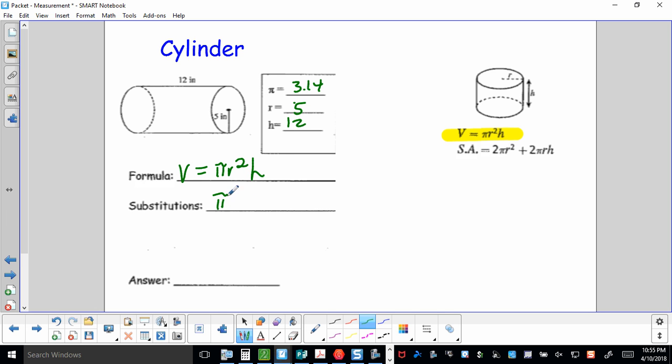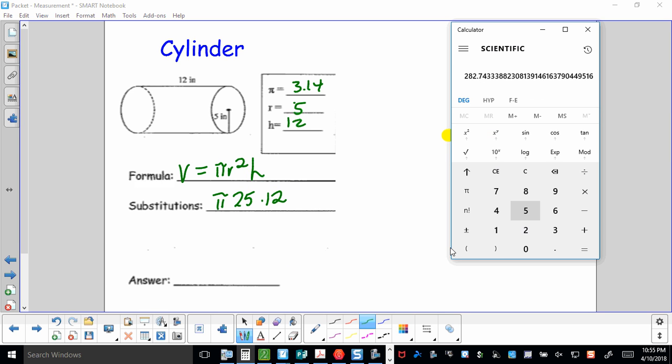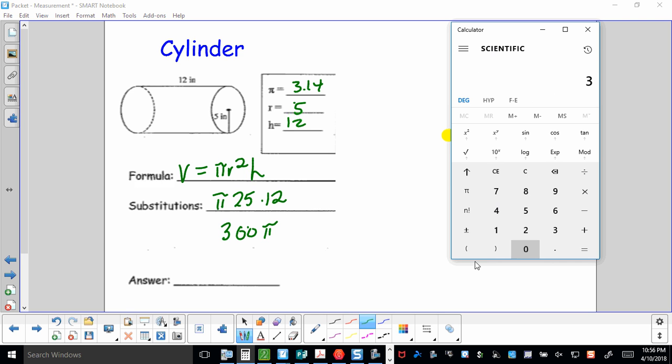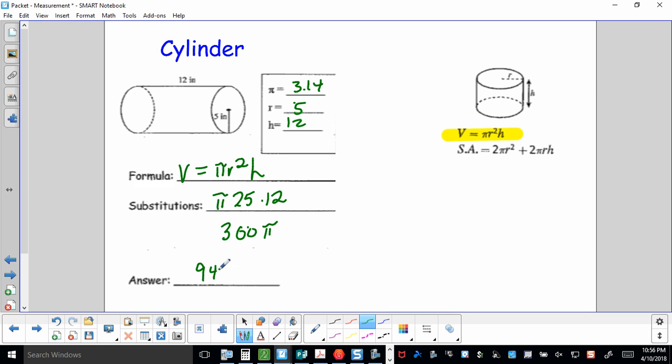So pi times 25 times the height. 25 times 12 is 300. 300 pi. 300 times pi is 942.48 cubic inches.